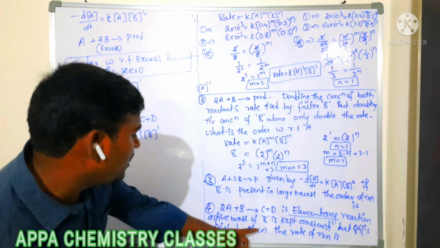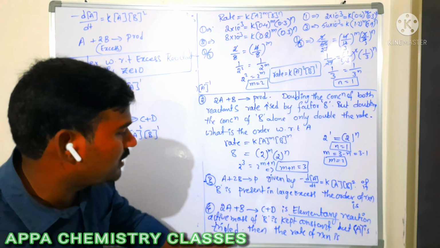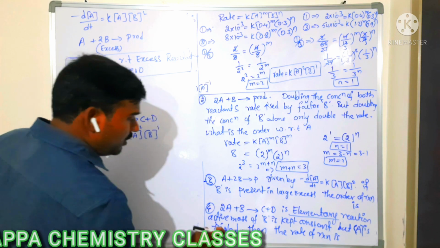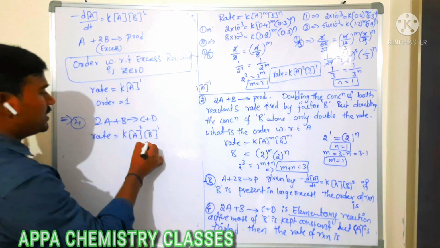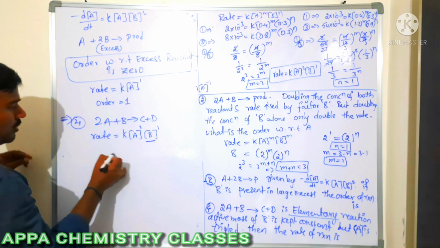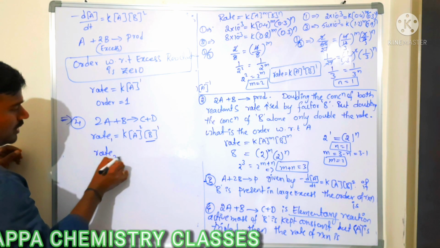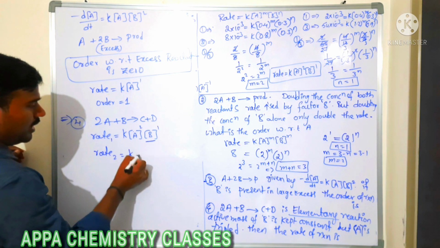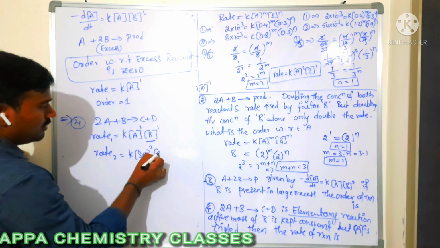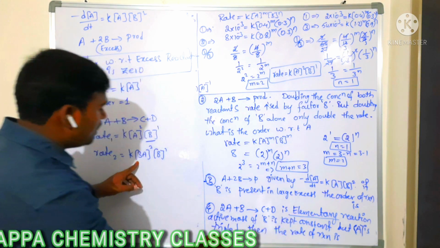So what they are saying? Active mass of B is kept constant but A is tripled. Then what will the rate of reaction be? B is kept constant, but A is tripled. So here the initial rate, for example, rate 2, is k into 3A, the concentration of A is tripled.